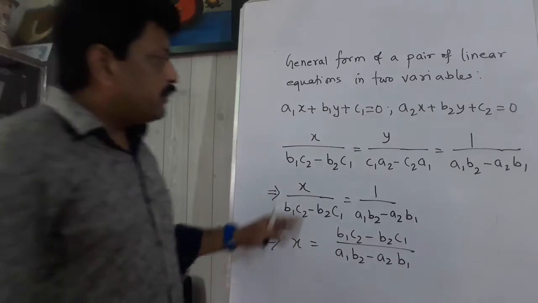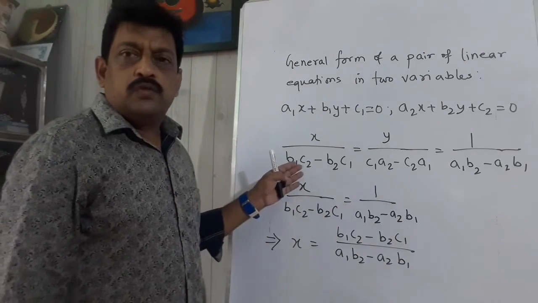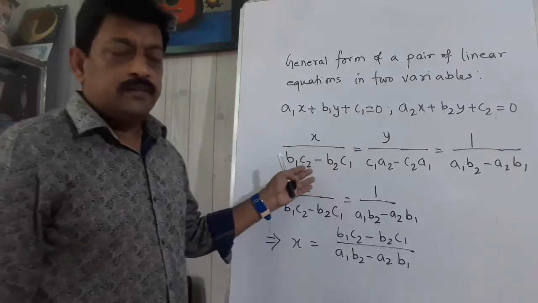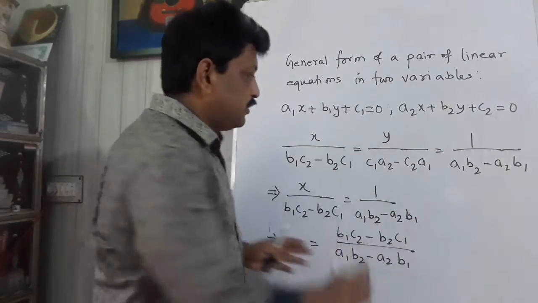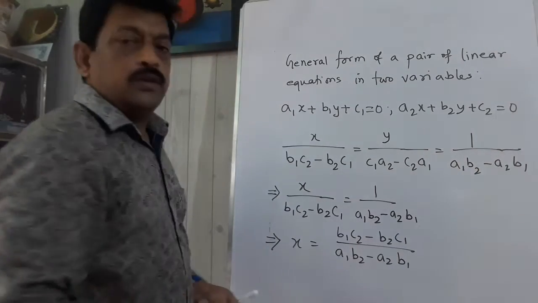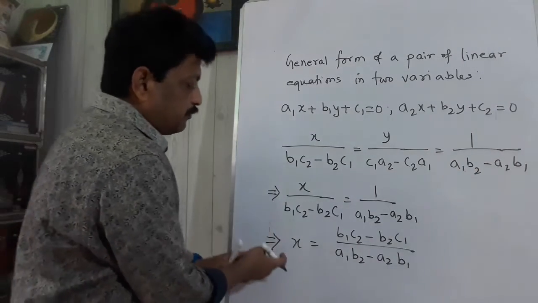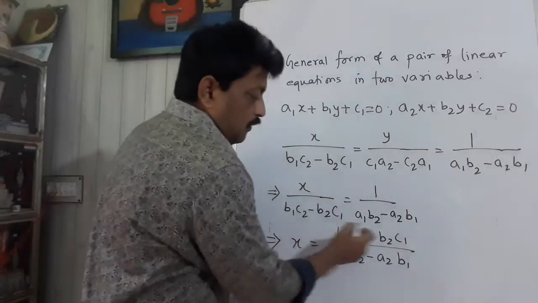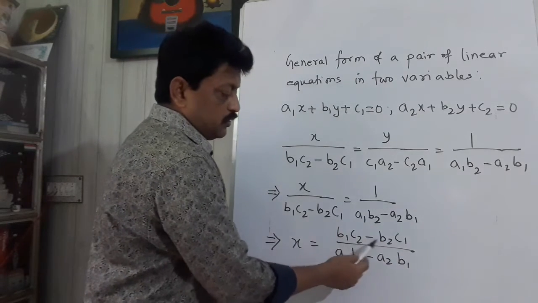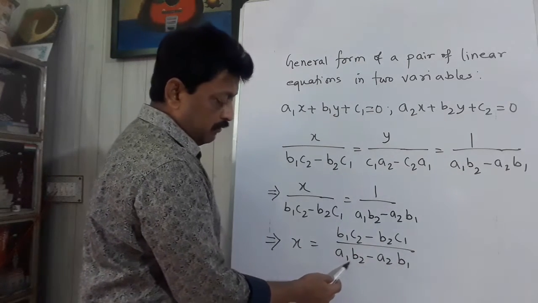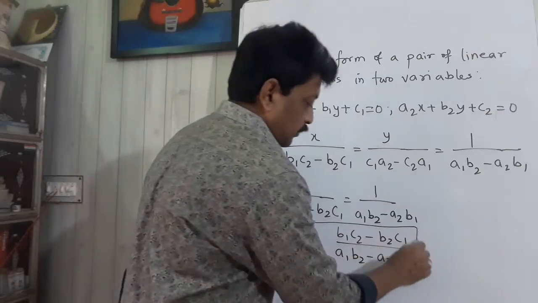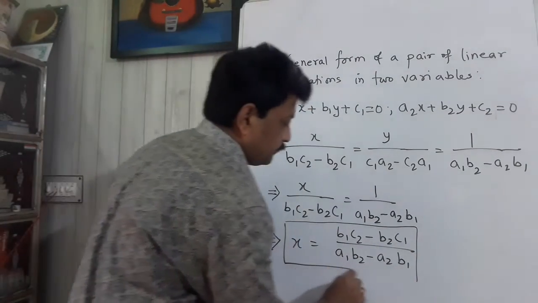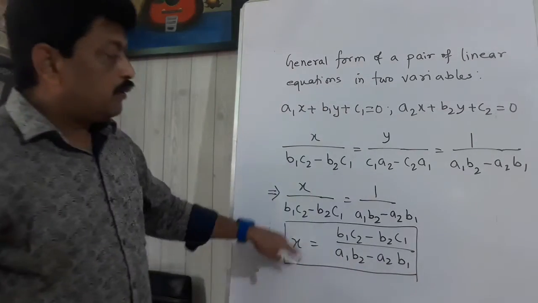So either you put the values of b1, c2, b2, c1 and all those a1, b1, c1, a2, b2, c2 in the equation and calculate, or you can directly put the values into b1c2 minus b2c1 over a1b2 minus a2b1. Directly you can use this to find the value of x. We are getting this from the equation.